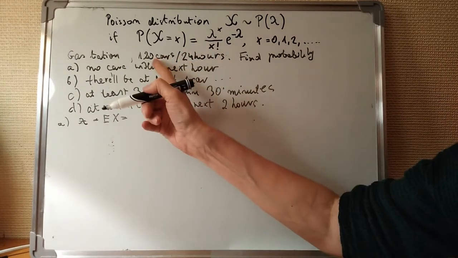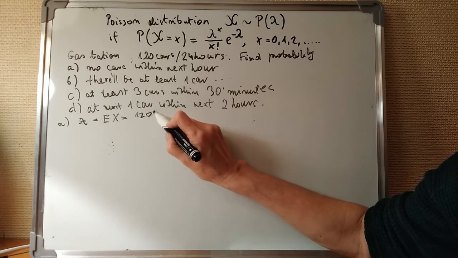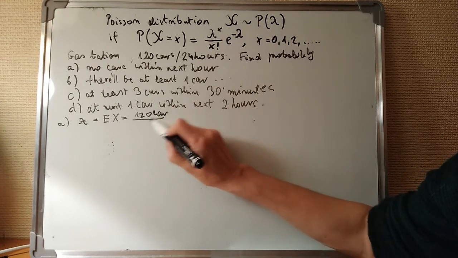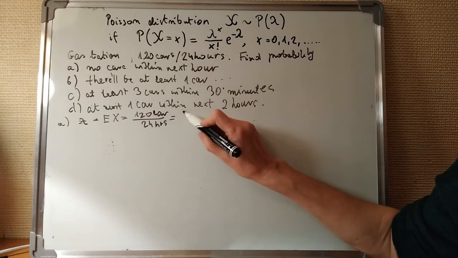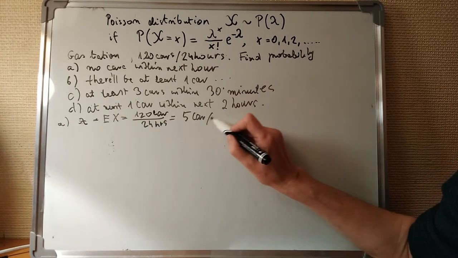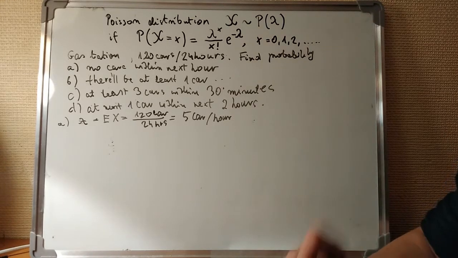In 24 hours it's 120, so we have to divide, and this is 5 cars per hour. So we expect 5 cars per hour on average.